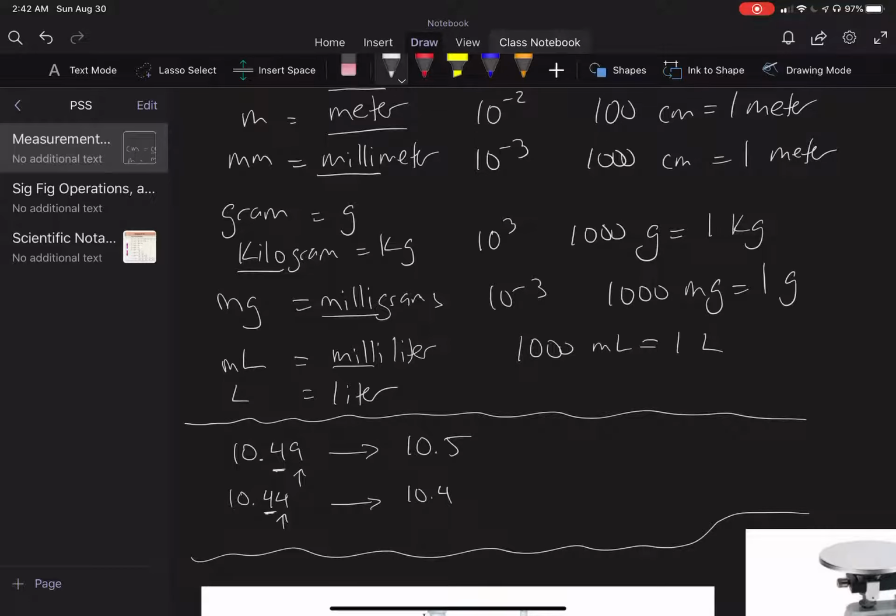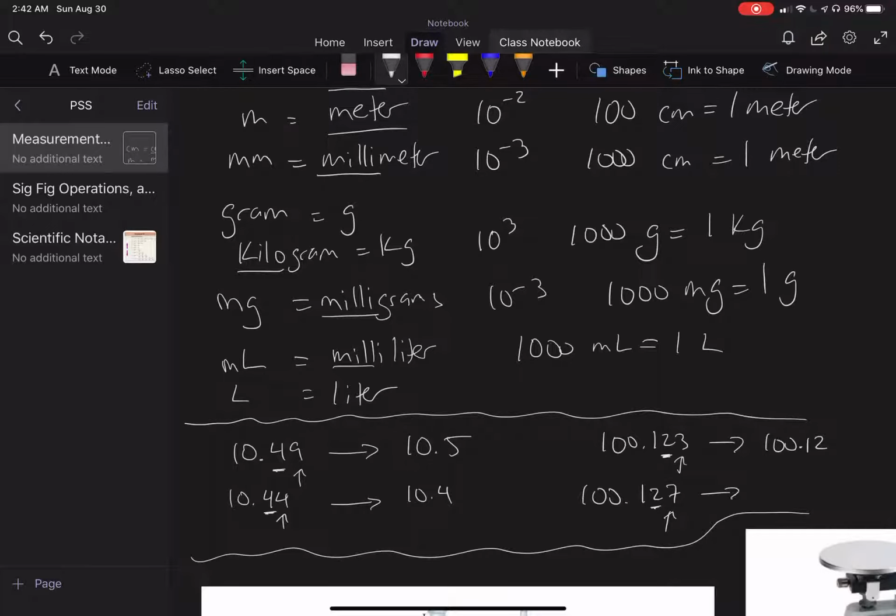A couple more examples. Let's say we had 100.123 and we wanted to round it to the hundredths place. We would look at that 3. That 3 is less than 5, so we'd round down to 100.12. And if we had 100.127 and we wanted to round it to the hundredths place, we'd look at the 7.